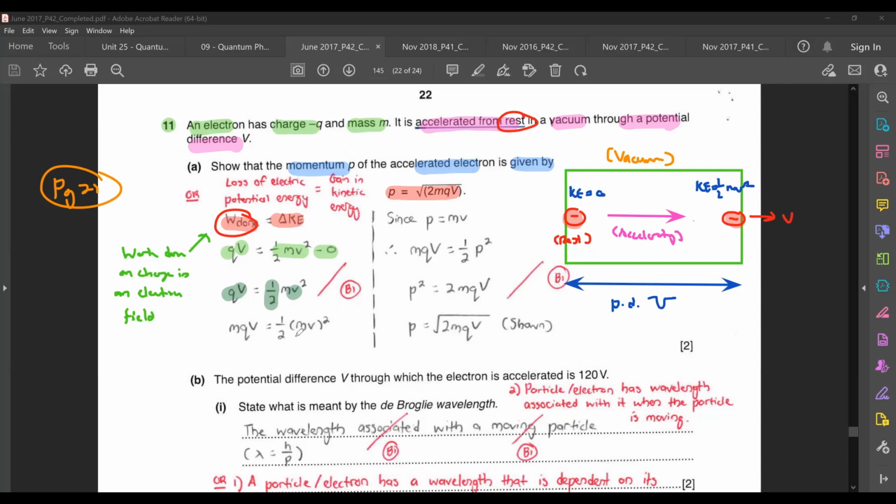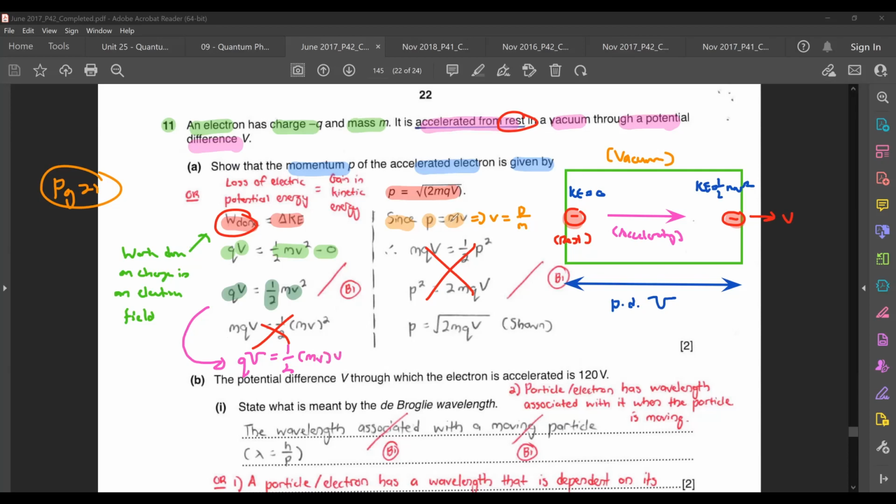Now for the subsequent part of it, it probably will be better if I do another different working here for you, because you want to relate to momentum, isn't it? You could say something like this. Since momentum is mv, and then velocity is equal to p over m, what you can do from there is something like this. From QV equals half mv squared, you can say that it's QV equals half mv times v.